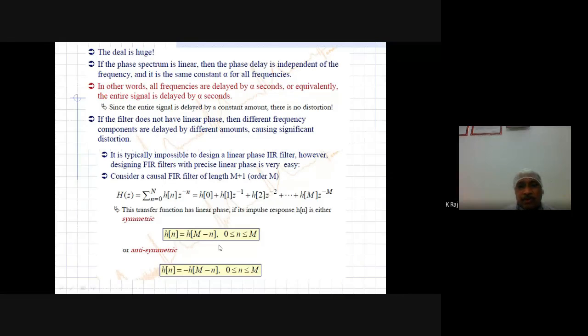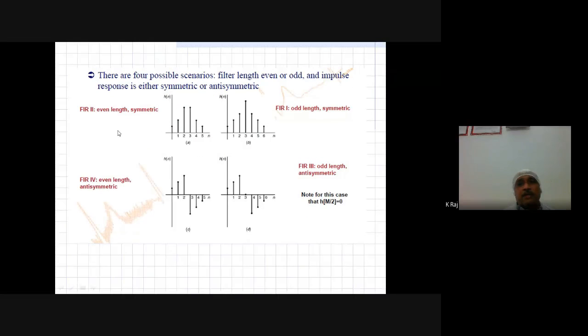In the next discussion, we will consider the different properties of the symmetry of the linear phase response, and there are two types: even symmetry and odd symmetry. With even symmetry, we can consider the even length and the odd length, two conditions.